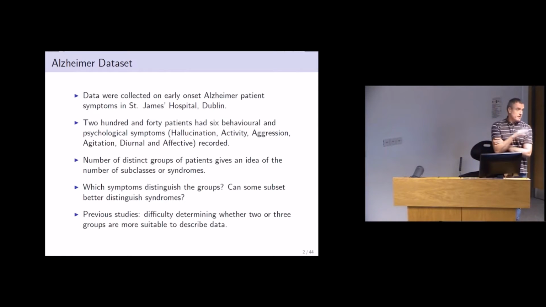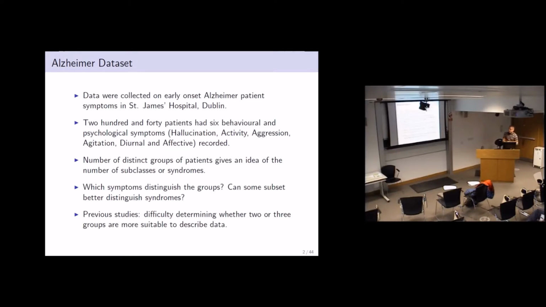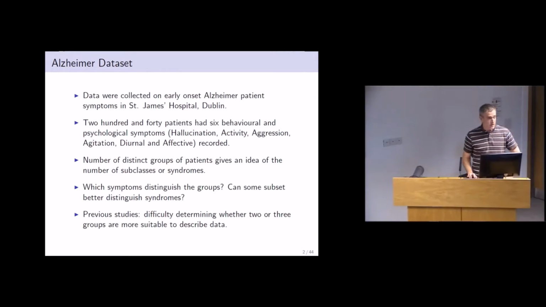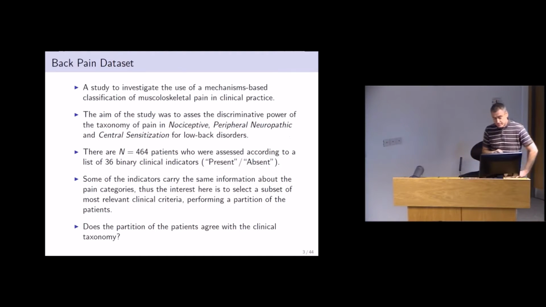They felt there were going to be 2 or 3 subgroups within the population, but weren't sure which, so that's a question of interest. They felt you couldn't treat the disease as a single disease because there was quite a different propensity to have presence or absence in these different symptoms. So that's one data set we're going to look at. We want to find subgroups within the population.